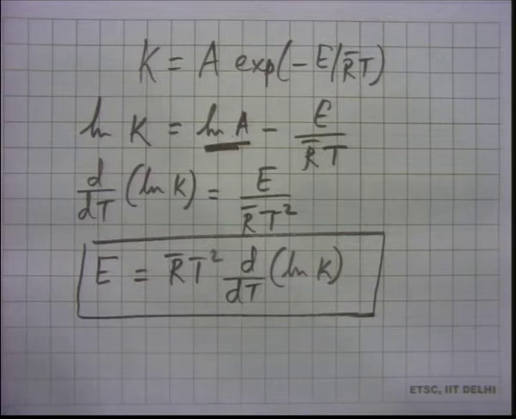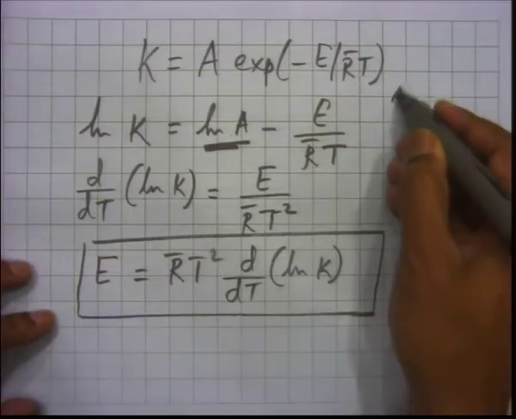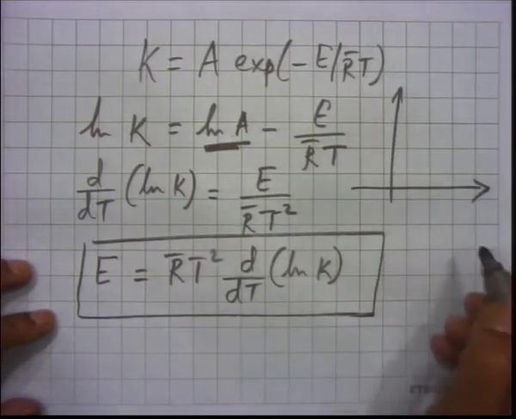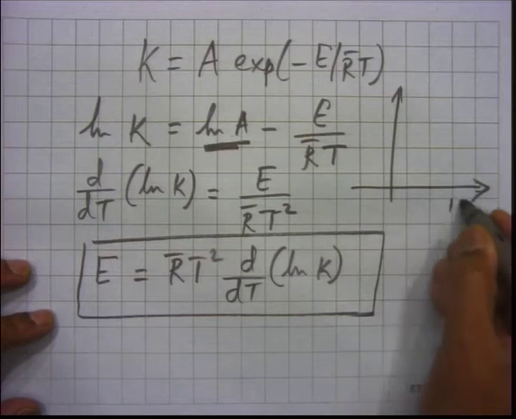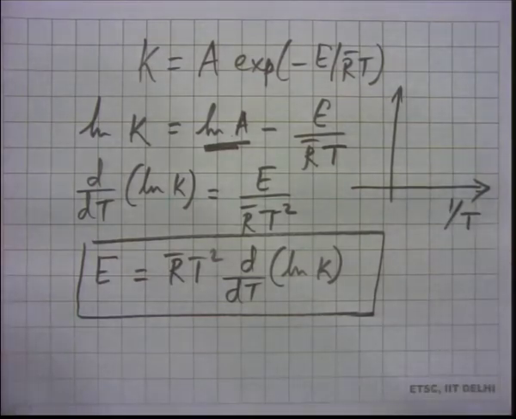Now, how good is this? Since you asked this question, recall that we had in fact plotted something like this in the last class. So, 1 over T on the x axis, this is similar to what Arrhenius had done apparently, 1 over T on the x axis, and then what was there on the y axis? Log of k.